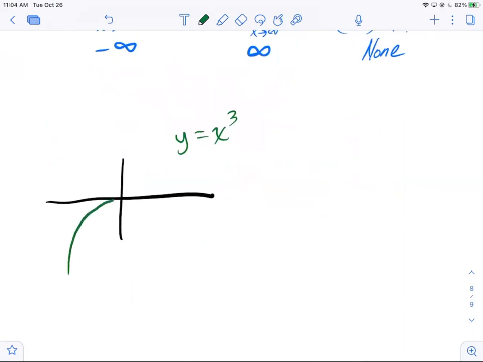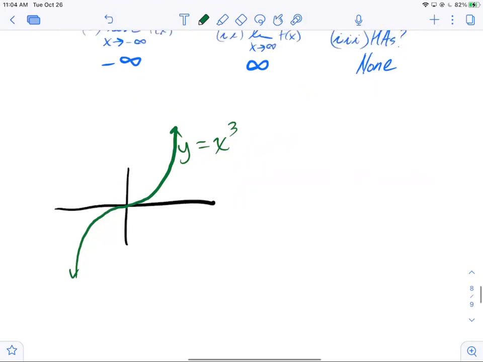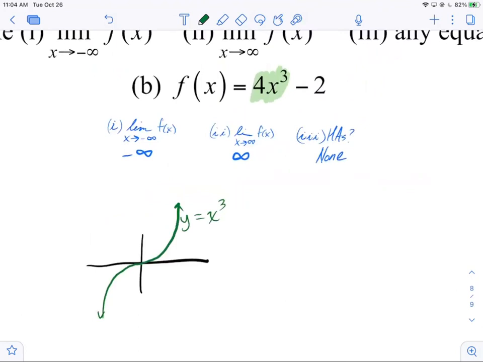It comes in and it approaches the origin like it's going to bounce and go back down like a negative x squared, but then it goes psi, and then it turns upward like that. There's your parent function. I call this the discograph, right? It looks like John Travolta in Saturday Night Fever with his arms like that. Staying alive, staying alive. Now, what does the 4 do to this graph and any graph when it's out in front?